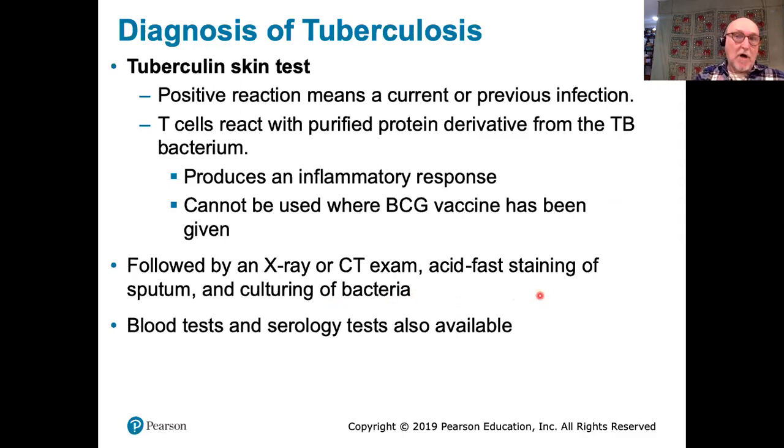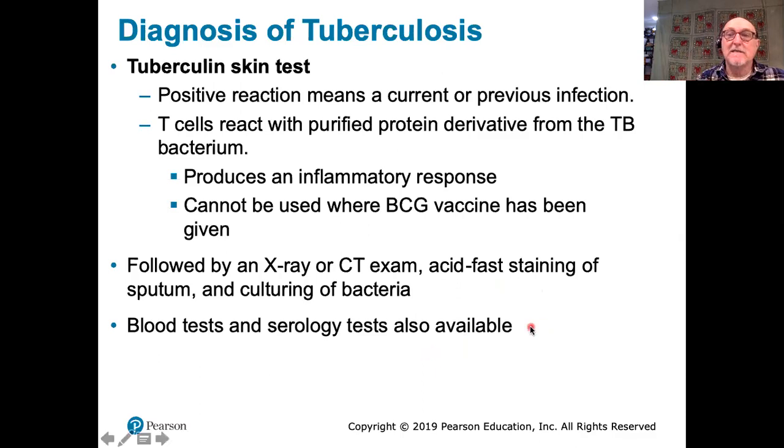You get people to cough from deep in their lungs, to really cough for a long time, 10 minutes, 15 minutes, and bring up a sputum sample from deep in the lungs, which is then examined with acid-fast staining. But you can also culture, although the culturing is difficult. It's very fastidious bacteria.